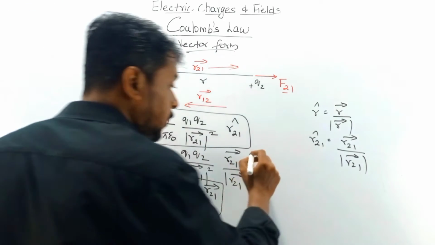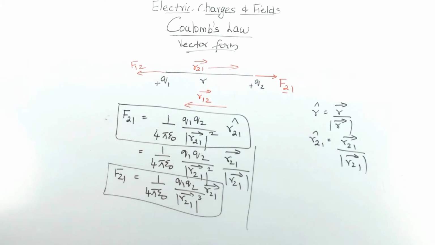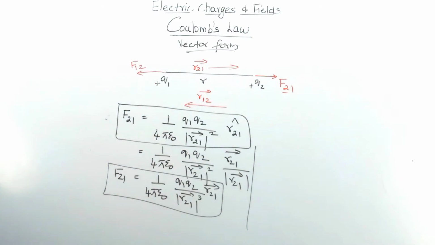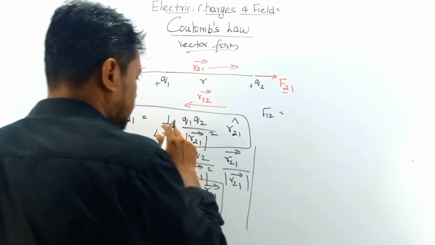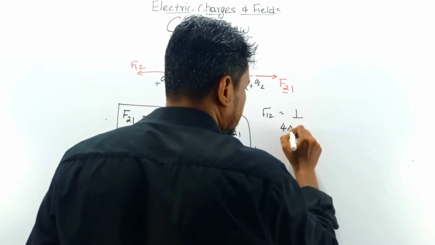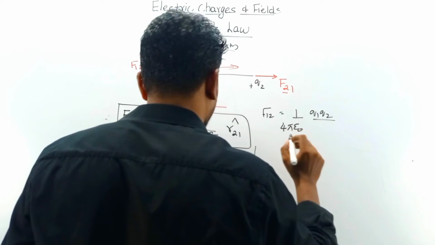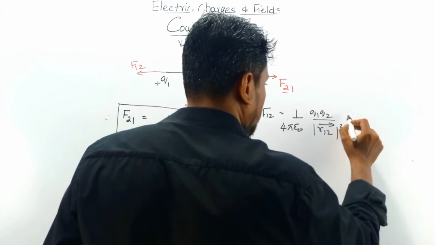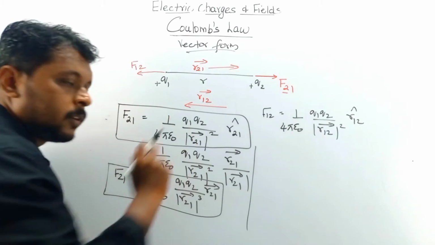Similarly, we can also write F12. Here, F12 is, in the same way, 1 by 4 pi epsilon naught, Q1 Q2 by the modulus of r12 whole squared, times the r12 cap. Compare both these equations.